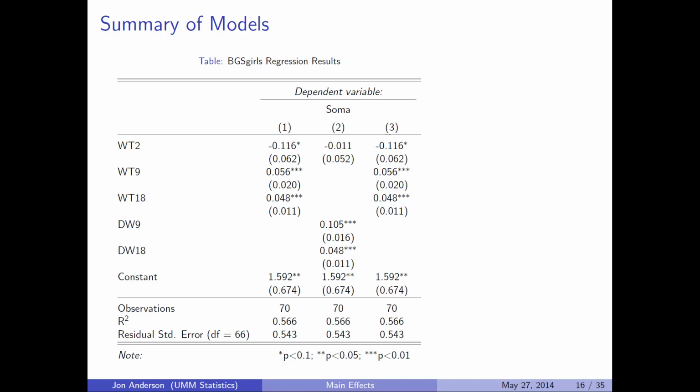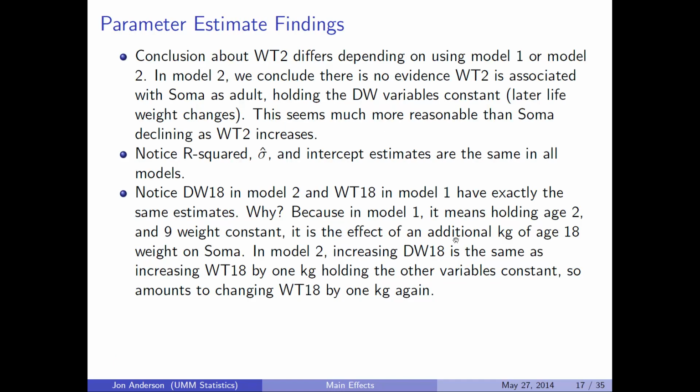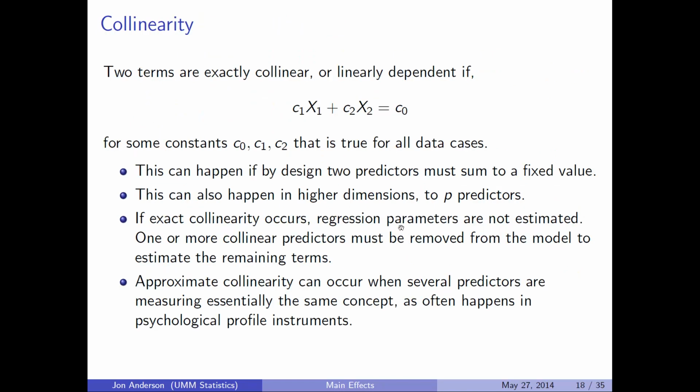You got to realize, if you're going to increase DW18 by 1 kilogram, that's the same as having the age 18 weight go up by 1 kilogram, holding the other information constant, earlier age information. And so it should make sense to you that the amount of soma increase is going to be exactly the same, because we've increased the age 18 weight by 1 kilogram, either because the change from 9 to 18 is a kilogram more, holding the age 9 stuff constant, or because we just increase weight at age 18 in model number 1.